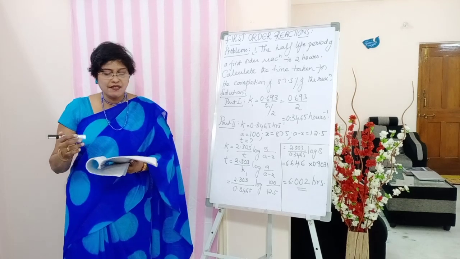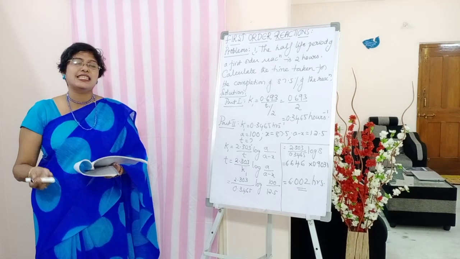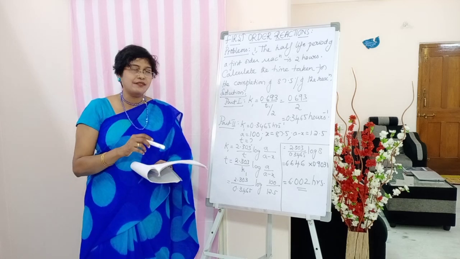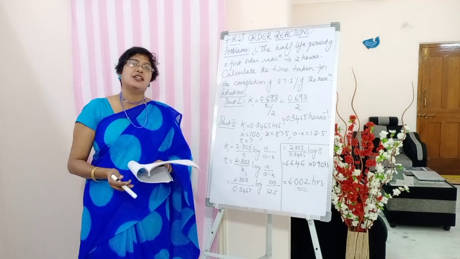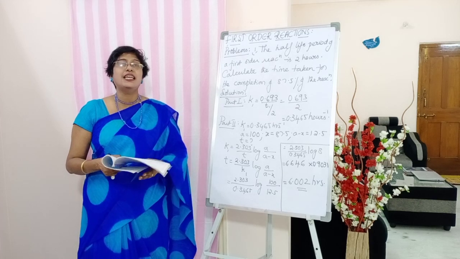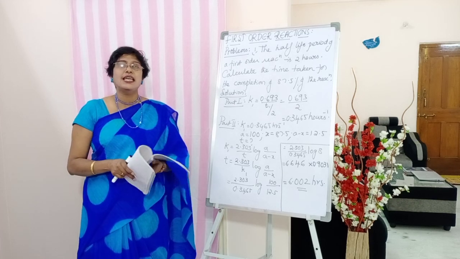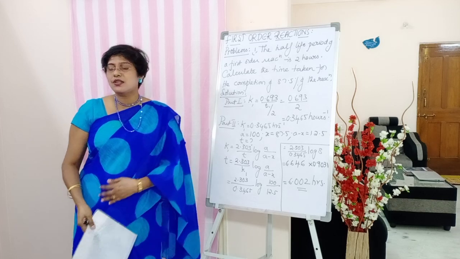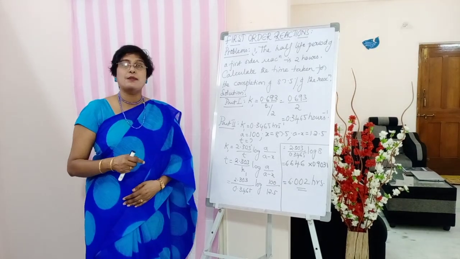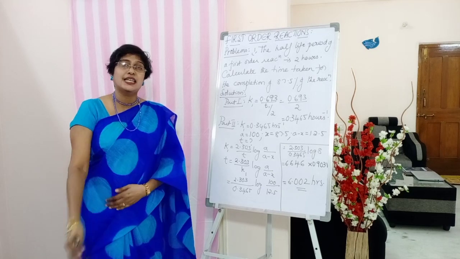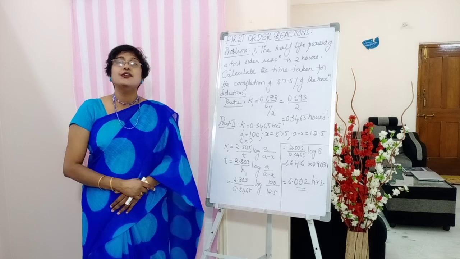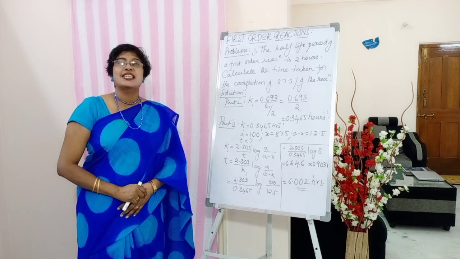So for 75% of the reaction, X is 75, A is 100, and you can use the K1 value which you calculated in the first portion to determine the time. This is the homework for you. Please try to solve it. I need not give the same problem in your exam. I might change it or use my own way of giving a numerical. So try to do the second numerical.